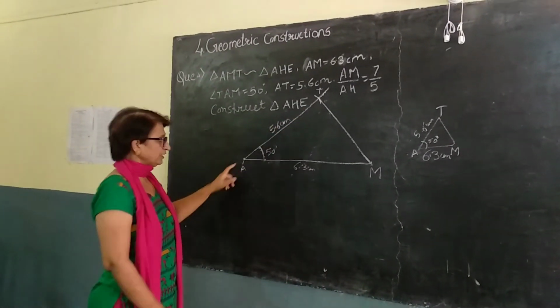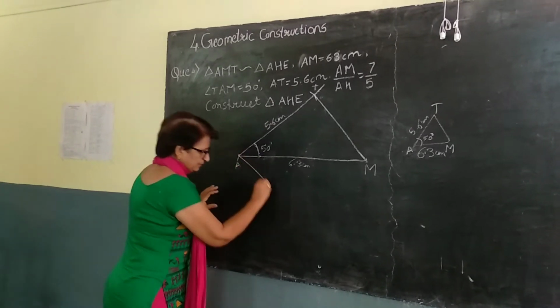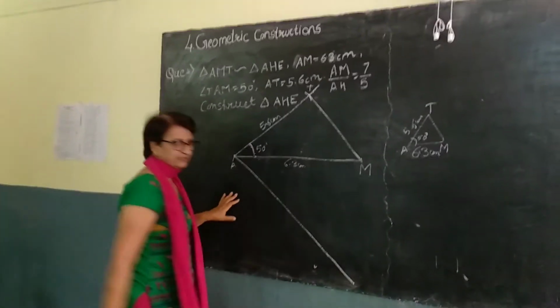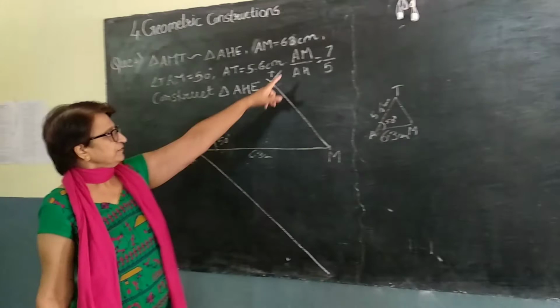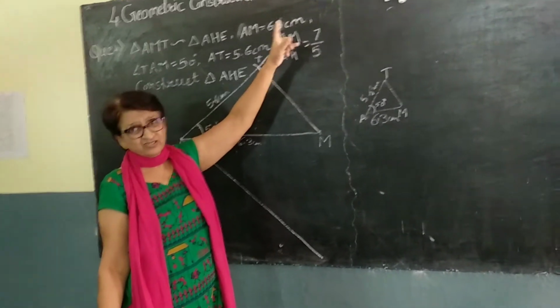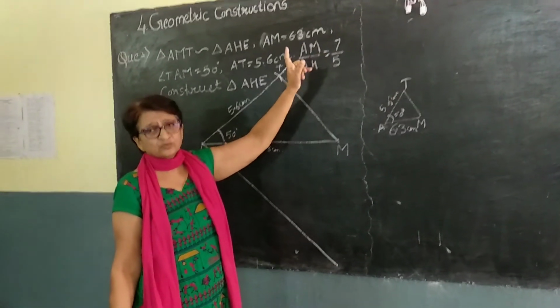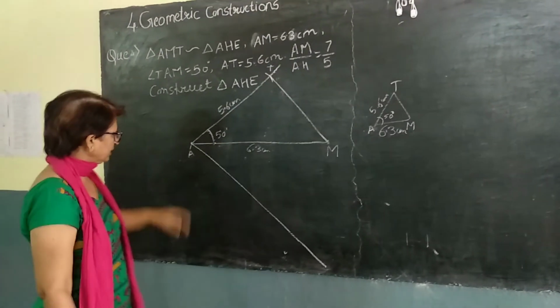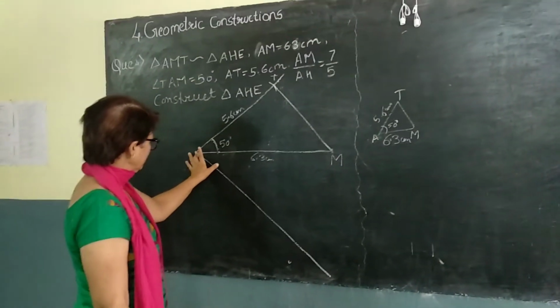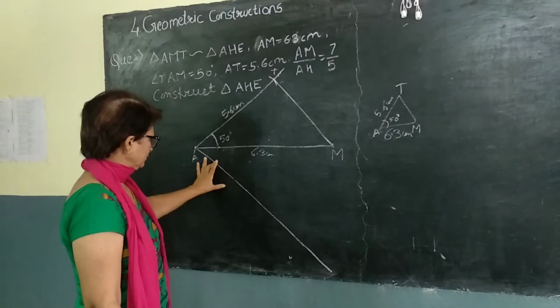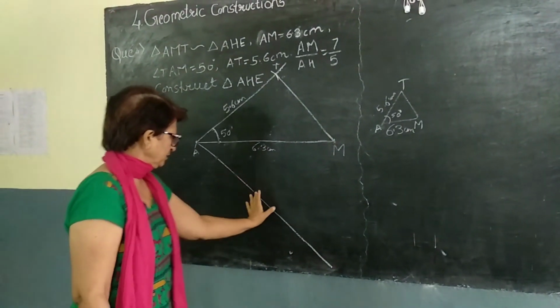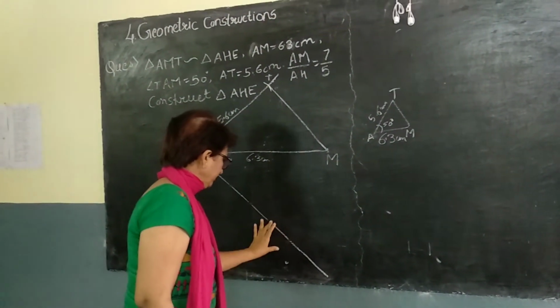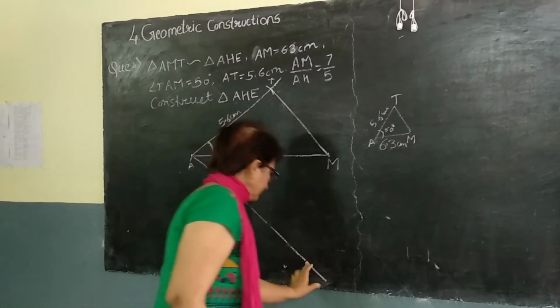So again from point A, let's take an angle and draw a line out here. Greater is which? 7. Whichever is greater, you must divide the line into that many equal parts. Okay? Now I have to divide it into 7 equal parts. 1, 2, 3, 4, 5, 6, 7.